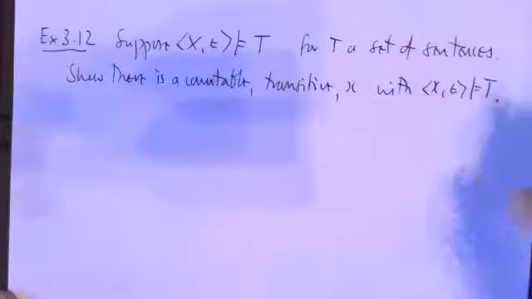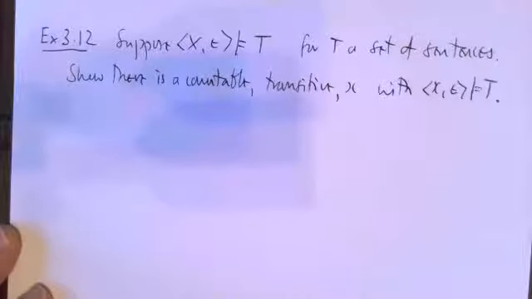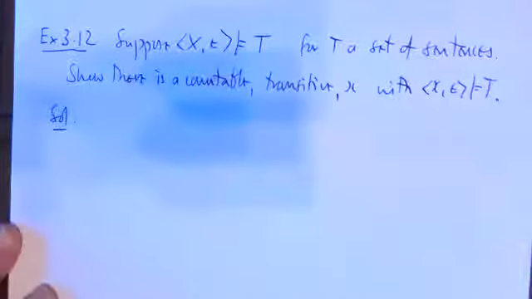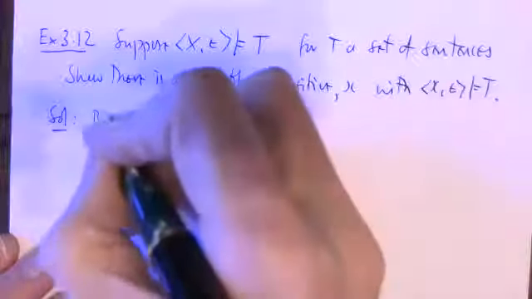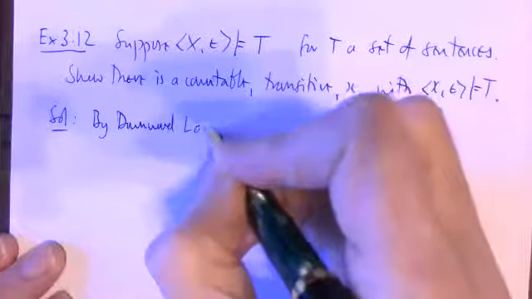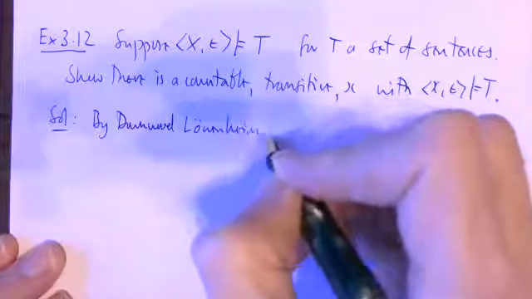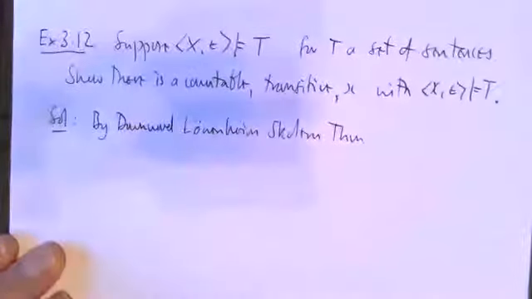If you're schooled in logic, this immediately says to you, oh, downward Löwenheim-Skolem theorem. And indeed, it gives you that in a hint. So I'm bringing back in the idea of downward Löwenheim-Skolem.